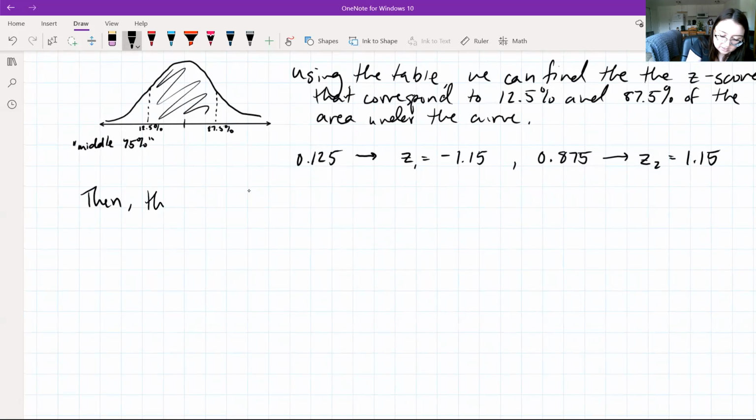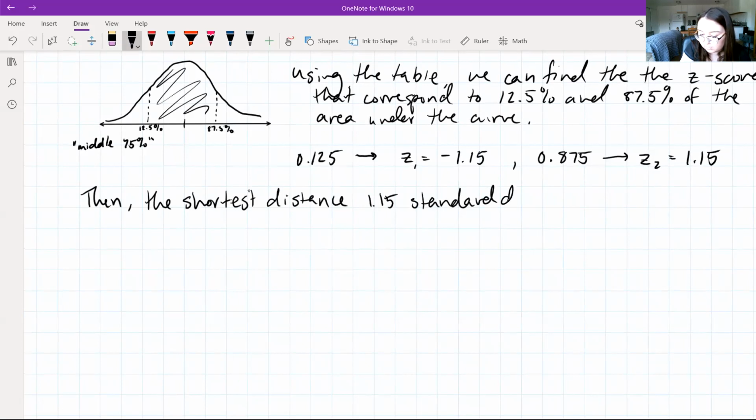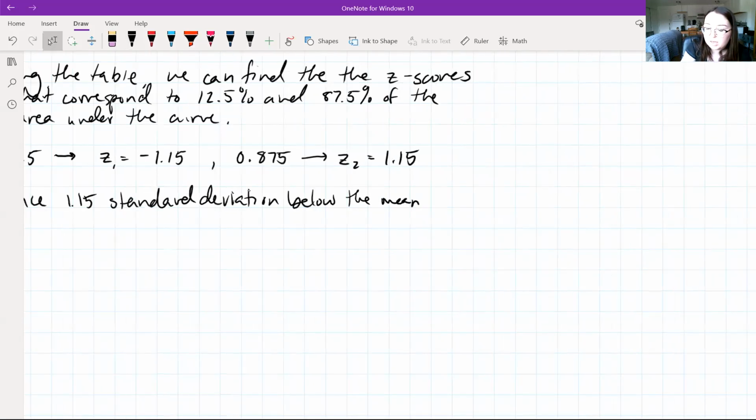Then the shortest distance, 1.15 standard deviations below the mean. And remember, we're considering below the mean, so this is negative 1.15.